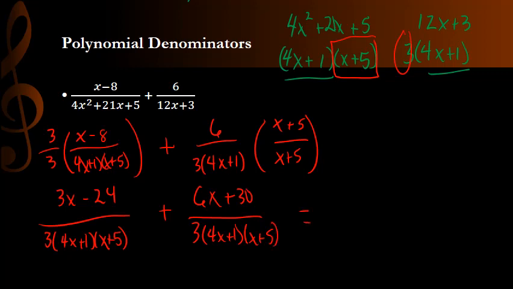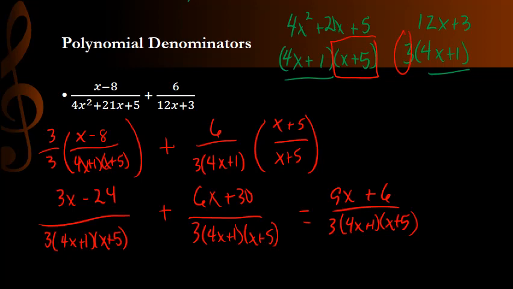All right, let's combine like terms. 3x and 6x is 9x, and negative 24 and plus 30 is plus 6, over 3 times 4x plus 1 times x plus 5. So here's the question: am I done?